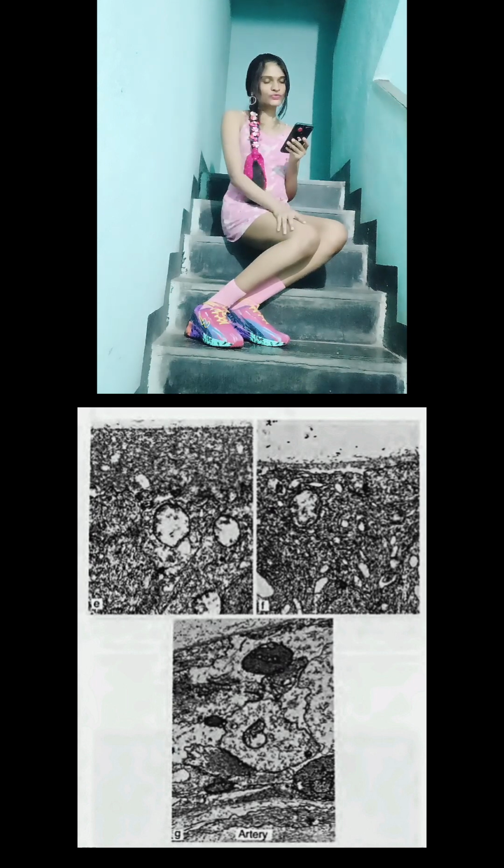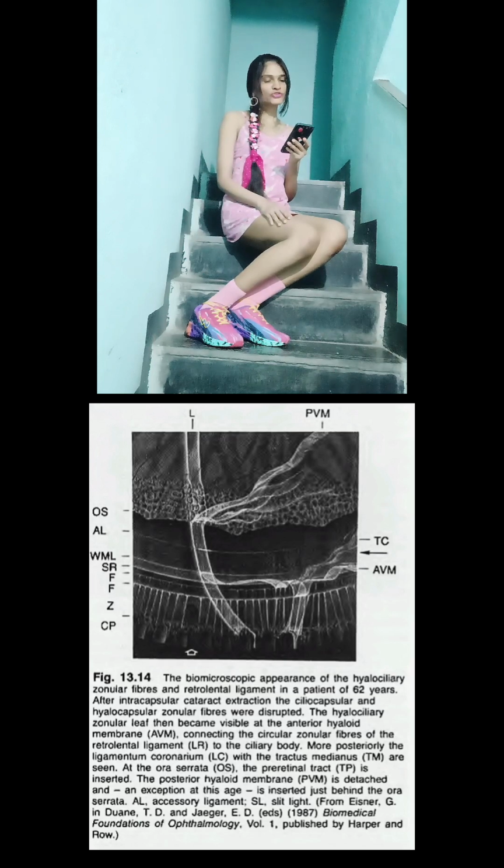Figure 13.14. The biomicroscopic appearance of the hyalociliary zonular fibers and retrolental ligament in a patient of 62 years after intracapsular cataract extraction. The ciliocapsular and hyalocapsular zonular fibers were disrupted. The hyalociliary zonular leaf then became visible at the anterior hyaloid membrane, connecting the circular zonular fibers of the retrolental ligament (LR) to the ciliary body.